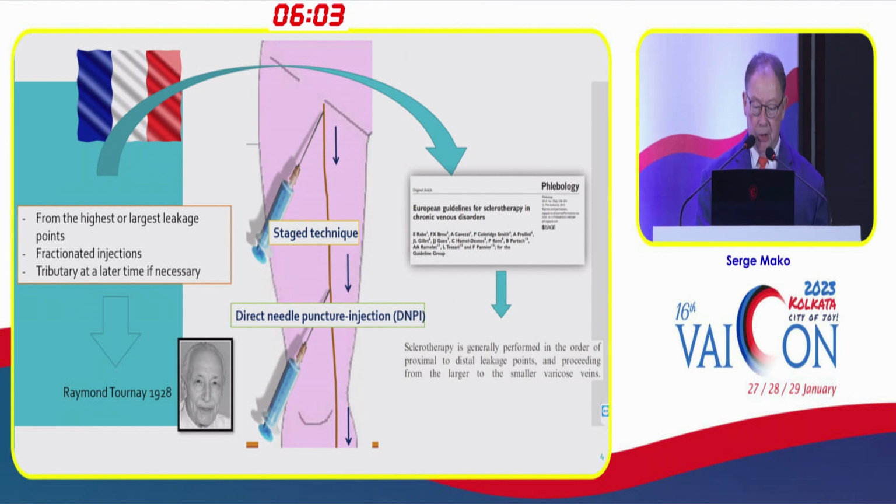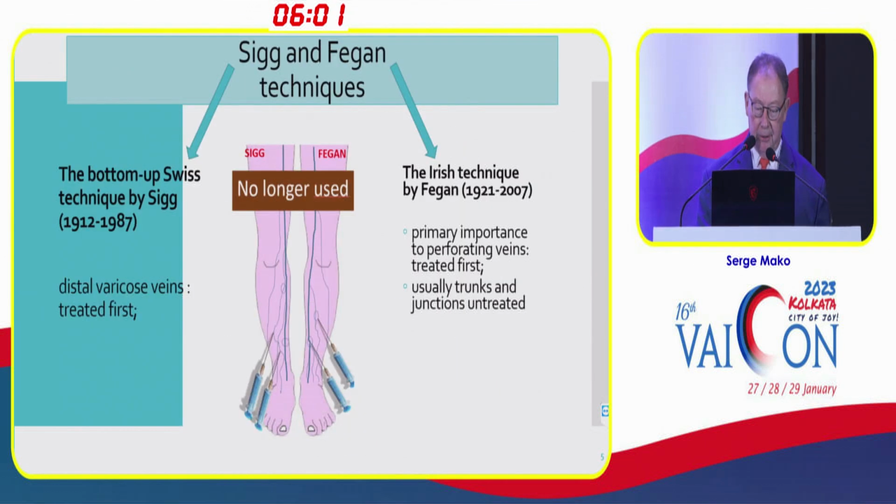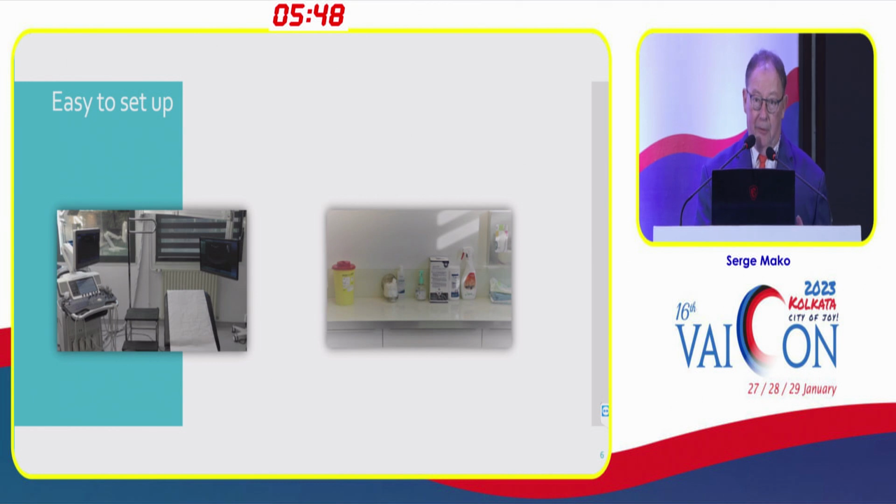Direct puncture, knee injections, stage technique. Sigg and Fegan are named for two big phlebologists, but now that technique is not used anymore. The material is easy to set up.